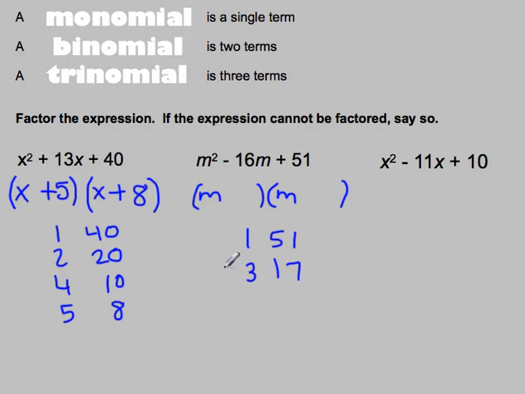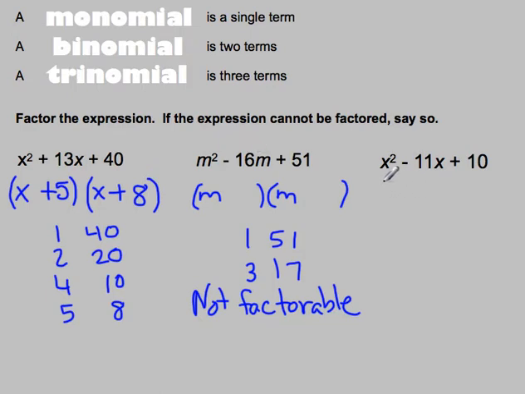Are there any factors here that can give us a negative 16 in the middle? Could I subtract either of these to get a negative 16? I can't. So in this situation, you would say not factorable. Always check and make sure there are no factors of 51 that would give us a 16.